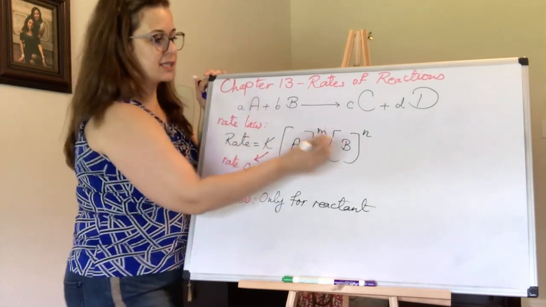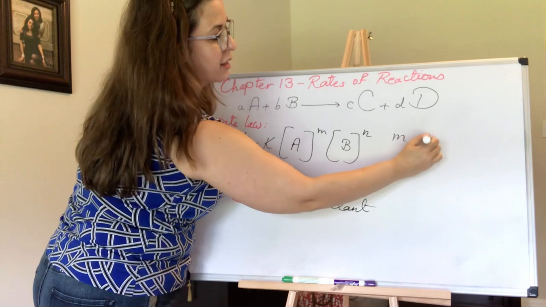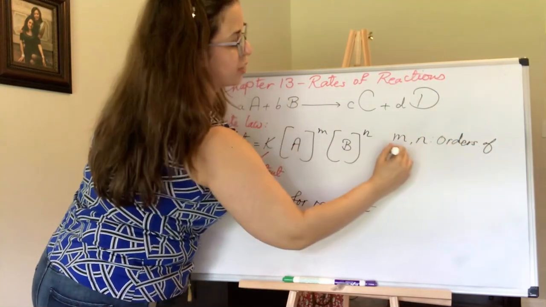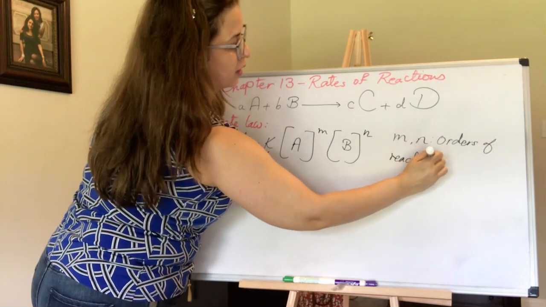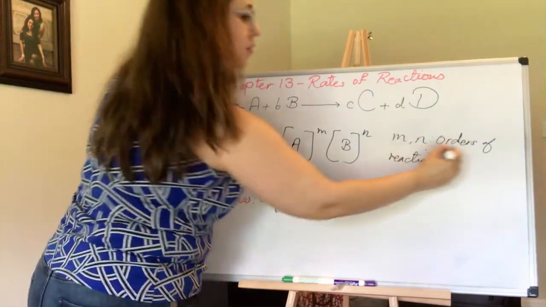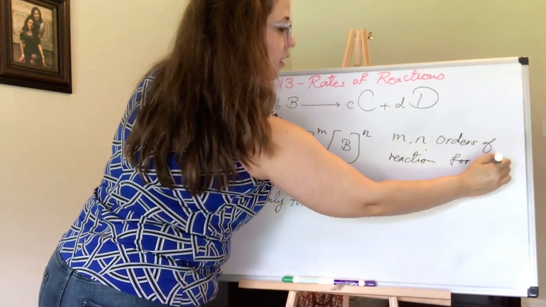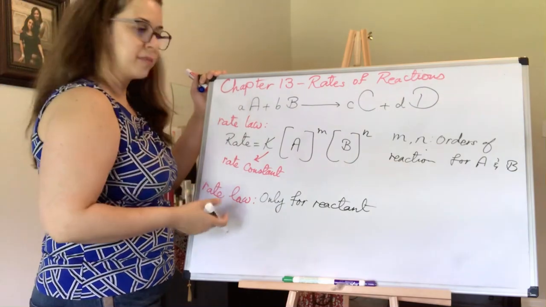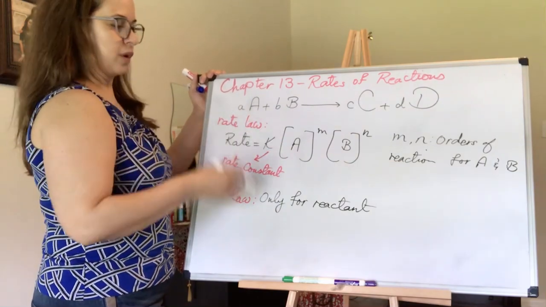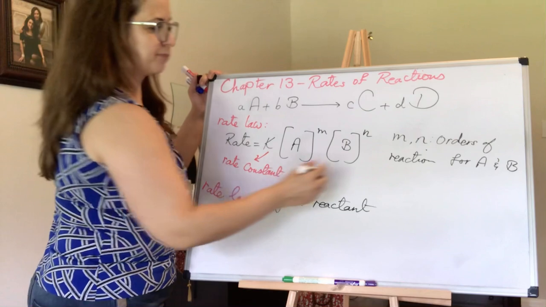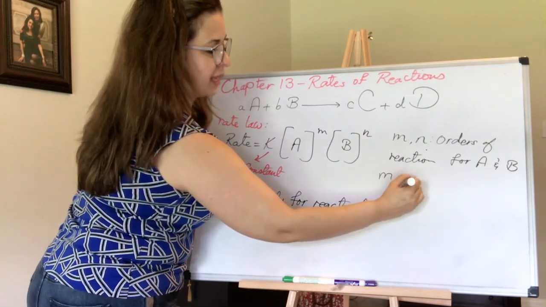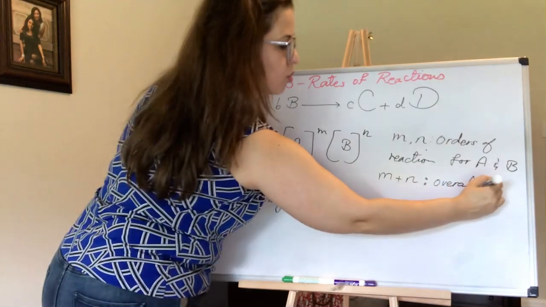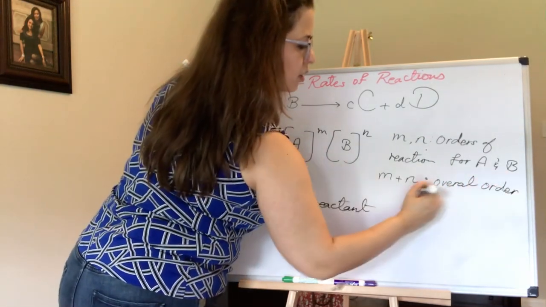These m and n are the orders of reaction for A and B, and we will talk about it again, and we will determine them. M plus n is called the overall order of reaction.